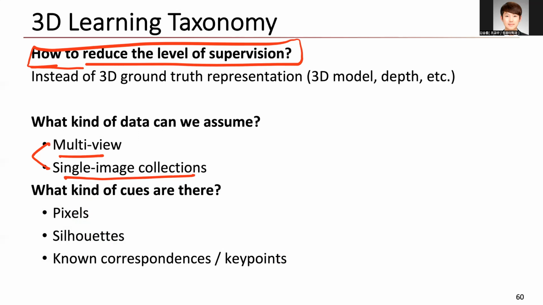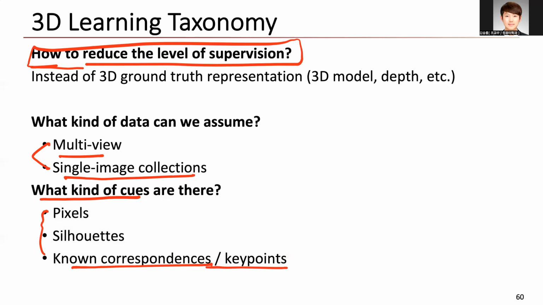For example, like the same dog images or the same cat images. Then the question is, what kinds of cues are there? Pixels or silhouettes or non-keypoint correspondences between multi-view images or multiple images.